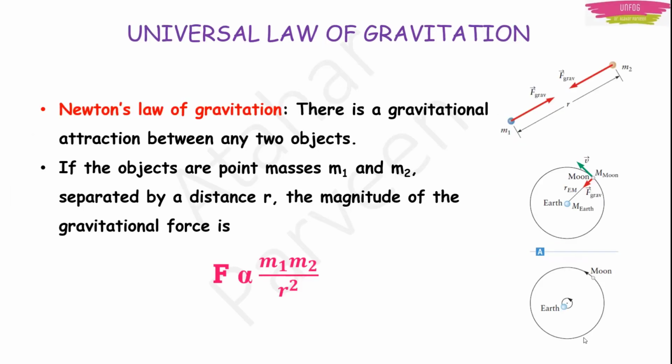There is a law known as the universal law of gravitation given by Newton, commonly known as Newton's law of gravitation. It says that there is a gravitational attraction between any two objects.